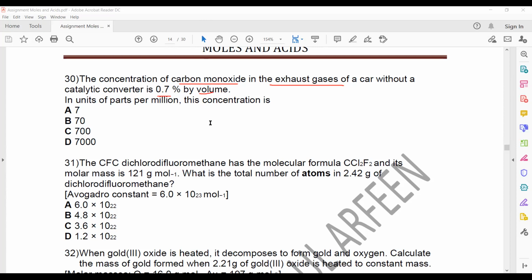Basically, the formula for concentration in ppm is the mass or amount of solute, here carbon monoxide, divided by exhaust gas, and that is multiplied by 1 million.